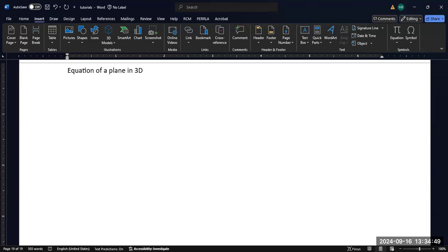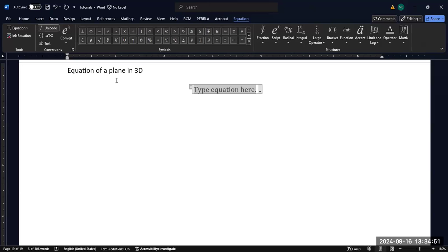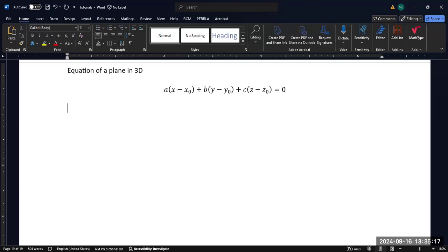So the general form of the equation that we're going to be working with depends on a vector and a point. The vector is going to be the vector that is perpendicular to the plane, and the point is going to be a point that is in the plane. Now, one important aspect of this equation of the plane is that the ABC vector is the vector that is normal to the plane.